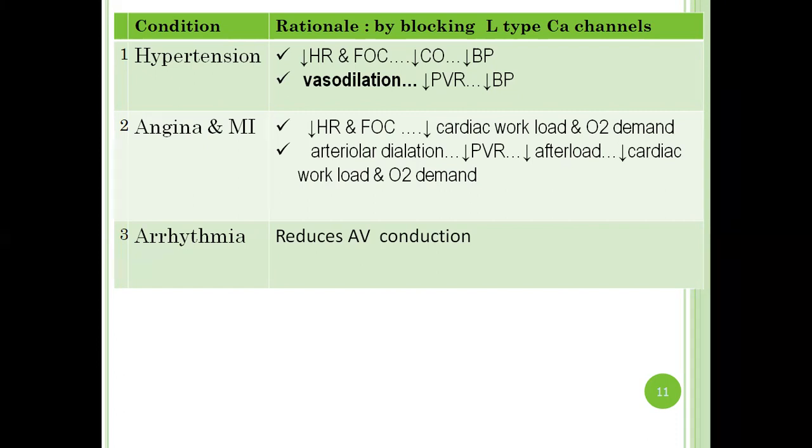It also leads to arteriolar dilation that will result in decrease in peripheral vascular resistance and decrease in afterload, thereby helping to reduce cardiac workload and oxygen demand. It is also used in case of arrhythmia. Arrhythmia means irregular heartbeat. It normalizes the heartbeat by reducing AV conduction.